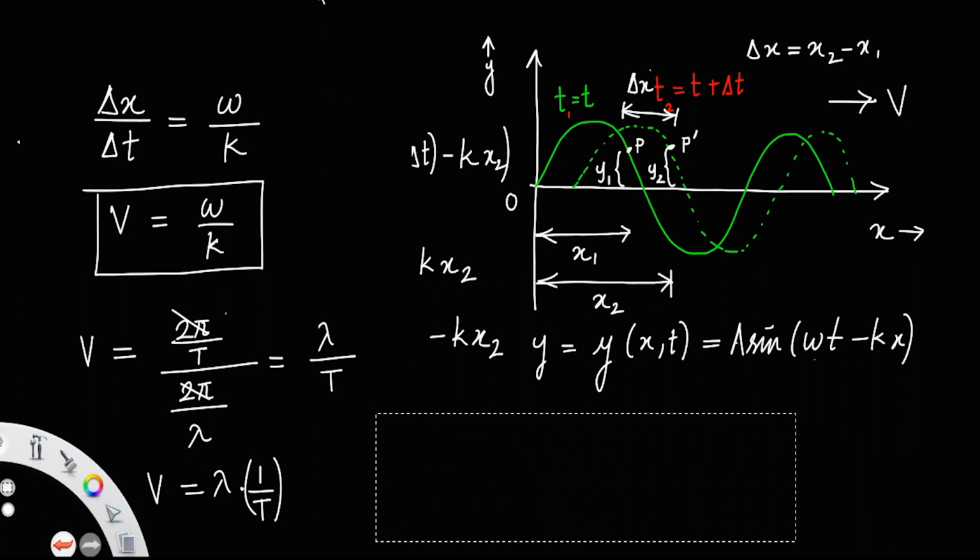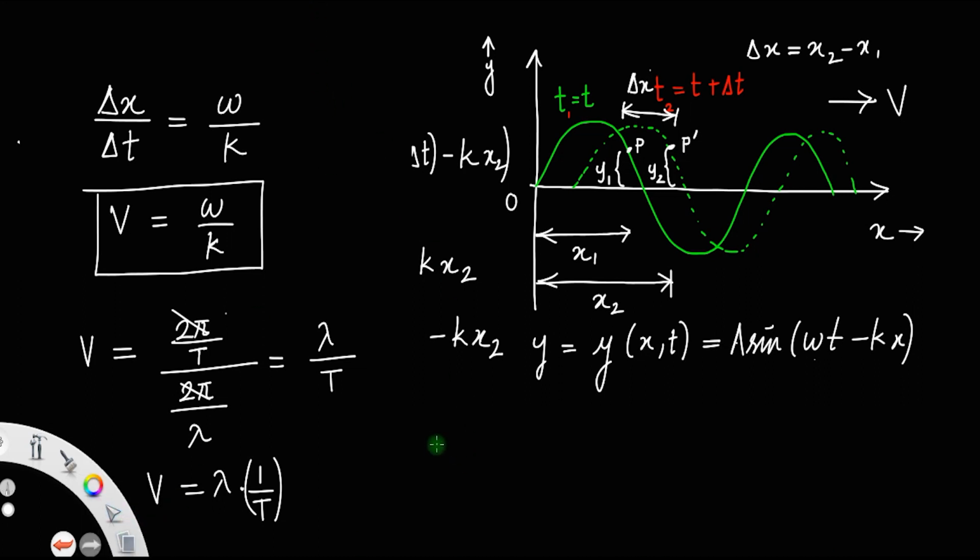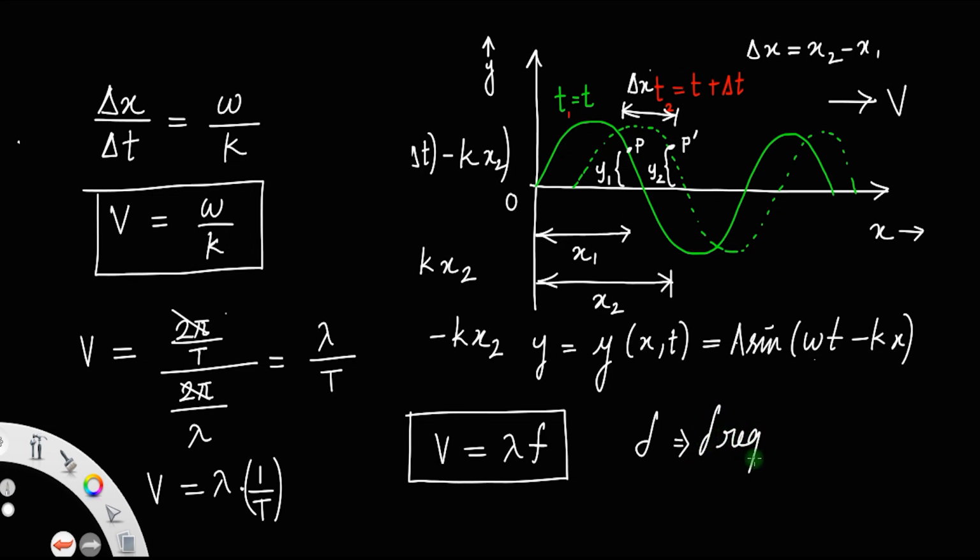Reciprocal of time period. It's actually frequency. So velocity will be lambda times frequency. So this is the wave velocity. Lambda f, where f is the frequency and lambda means the wavelength.